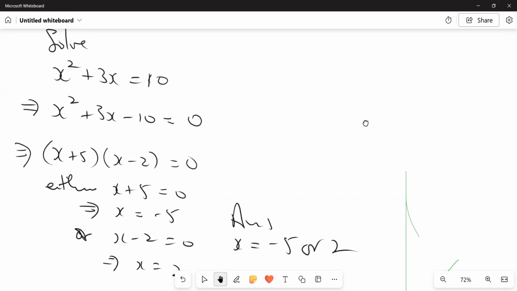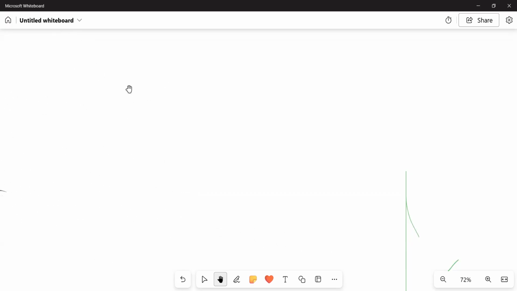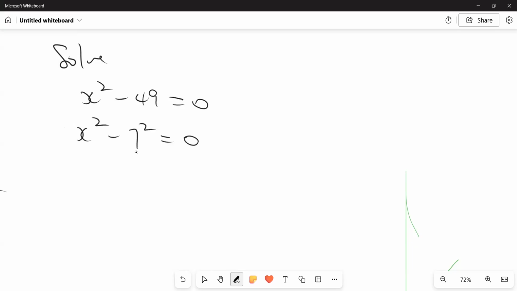Good. Let's do a last one. Let's say you have to solve x squared minus 49 equals 0. You recognize that as a difference of squares. x squared minus 7 squared equals 0. And we said you can factorize this as x plus 7, x minus 7 equals 0.